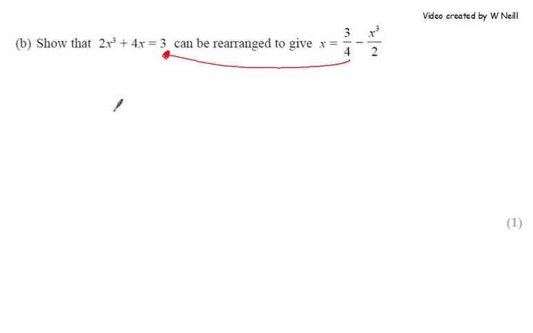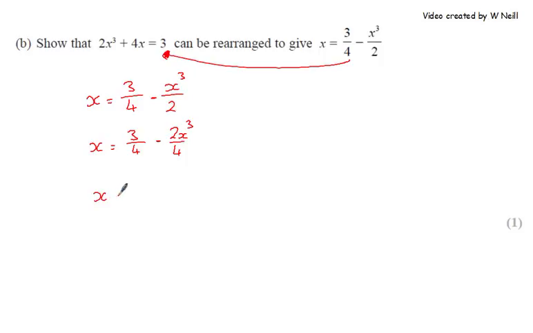So I have x is equal to 3/4 take away x cubed over 2. Now this is just a subtractive fraction, but you can't subtract a fraction unless the denominator is equal. So let's make the denominator 4. Now if I've doubled this, I must double this, which will be 2x cubed.